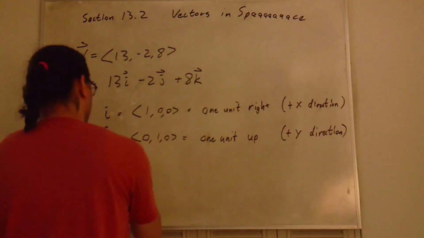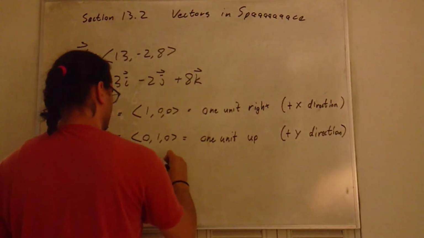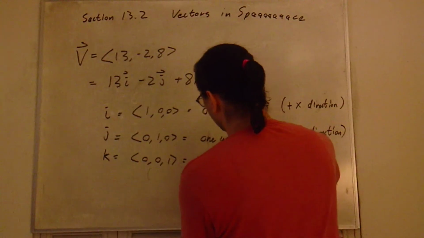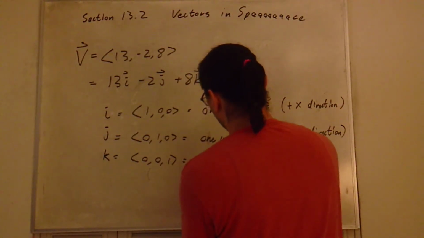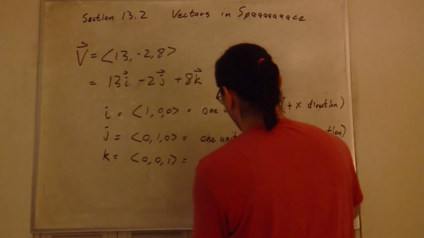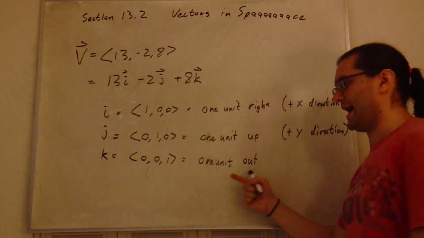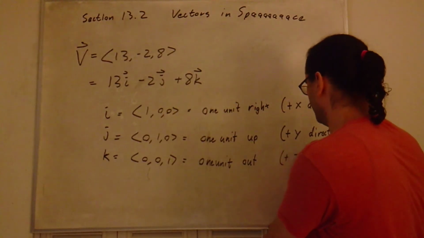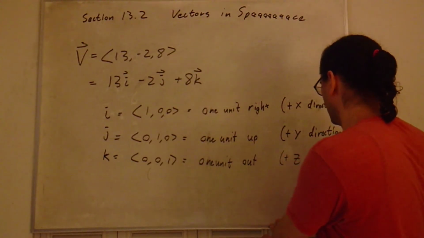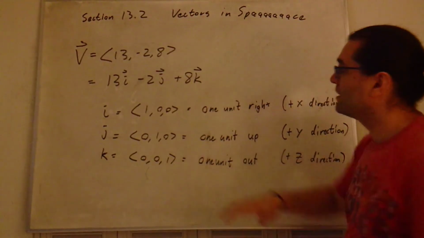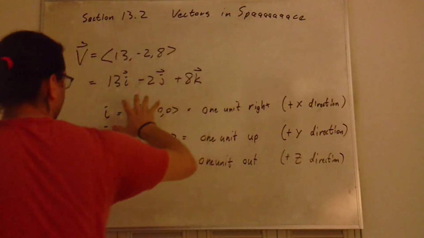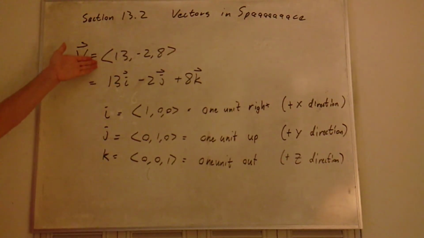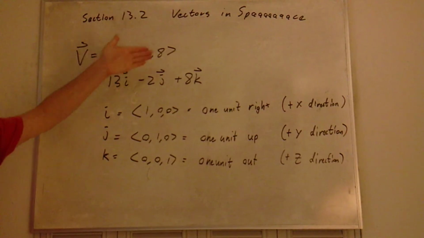And k is <0, 0, 1>, which I think of as 1 unit out, off of the surface of writing. And this is the positive z direction. So writing this as a sum and difference of some multiples of i's, j's, and k's is just another way to write this if you don't feel like writing these triangular brackets.